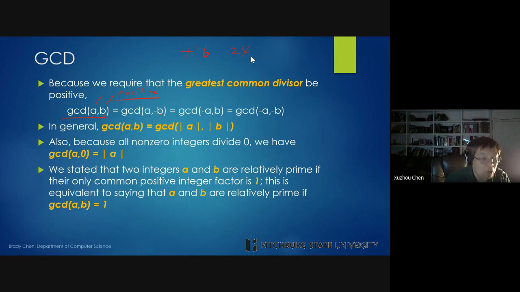It's the same. So we typically ignore any negative number. When we talk about the greatest common divisor, we only talk about positive numbers. For a negative number, it's fine, we can get rid of the negative sign, and the result still holds.